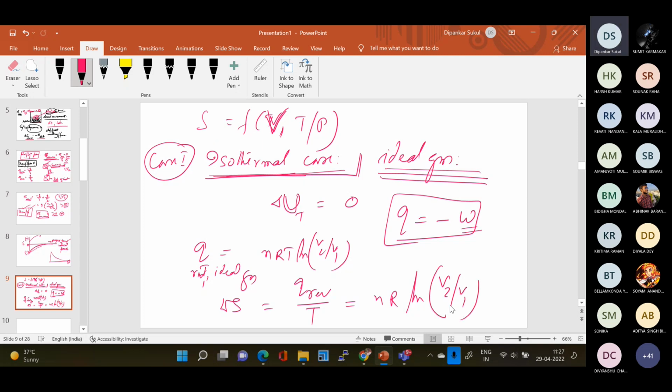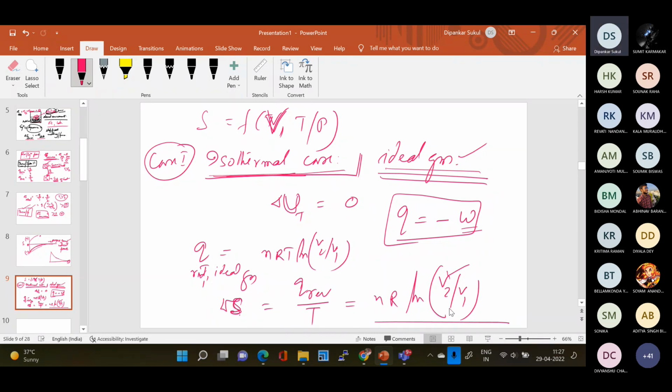So in that way, your entropy will be dependent on volume. These are considered for an ideal gas. So this is nR ln V2 by V1, under isothermal condition, how entropy changes with change in volume.